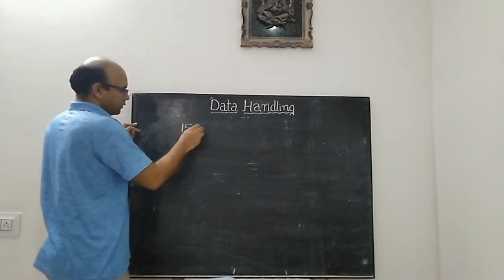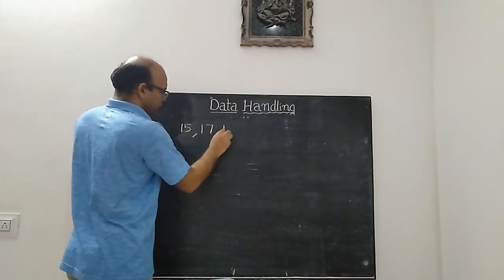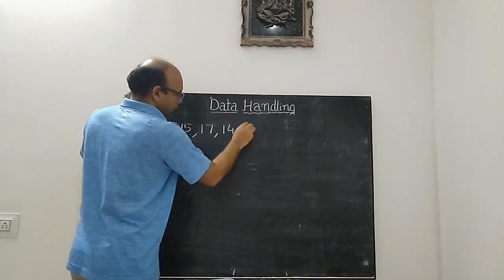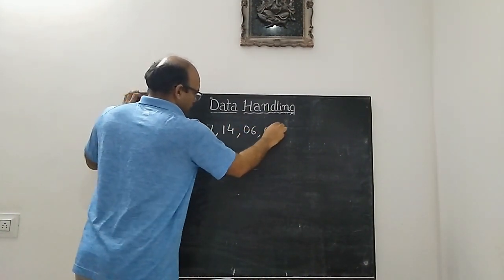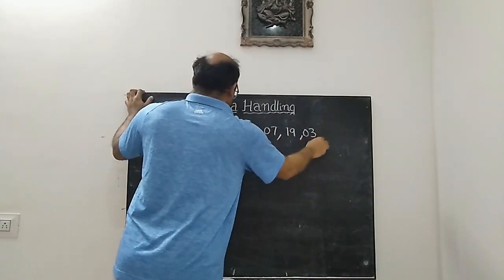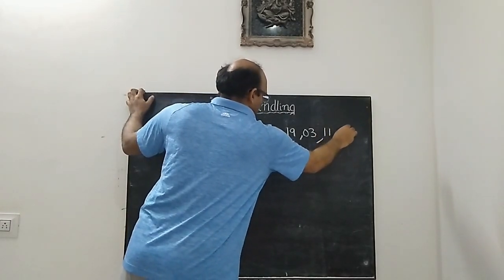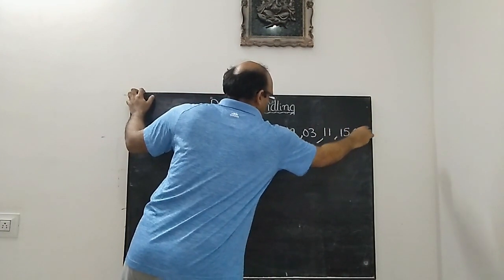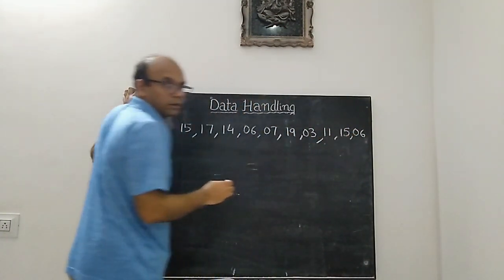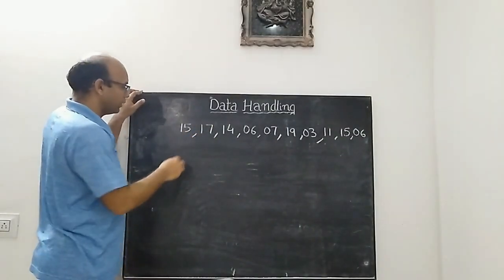Suppose we are seeing the number of marks scored in a test. This is say out of 20. Suppose we have 10 of the students and whose scores are written over here.